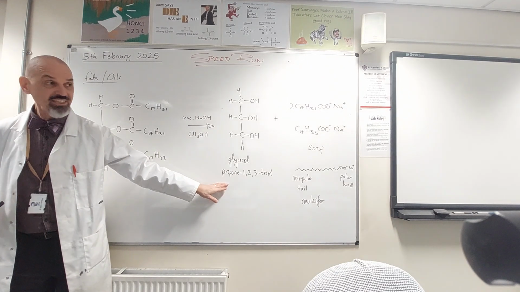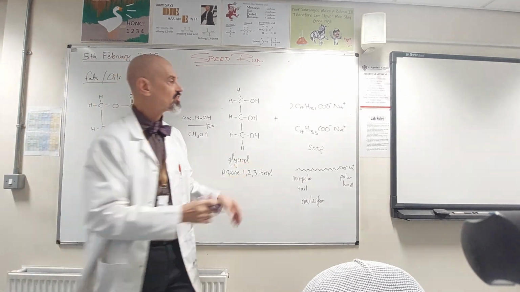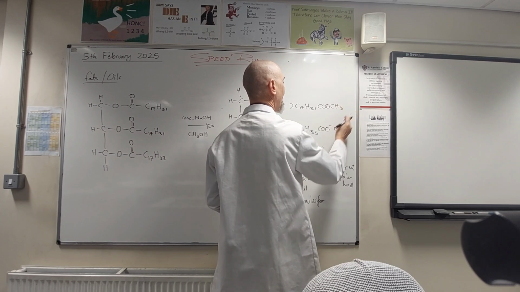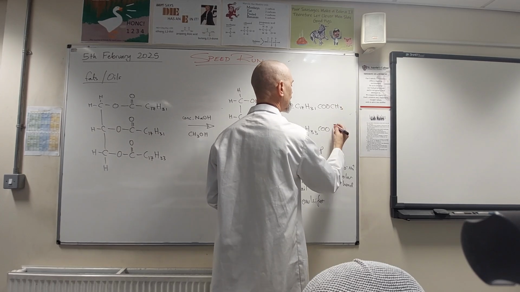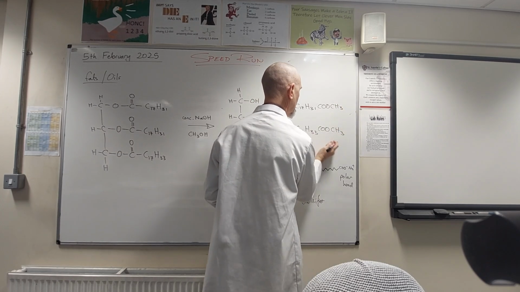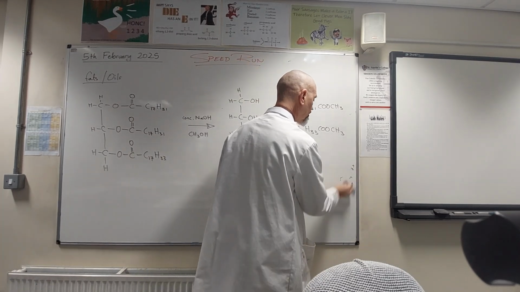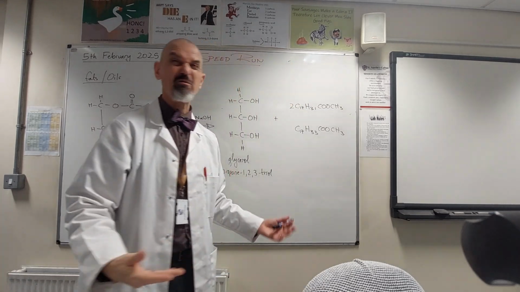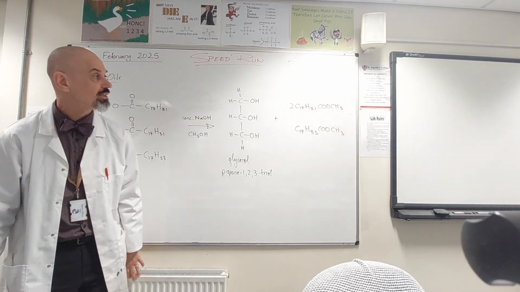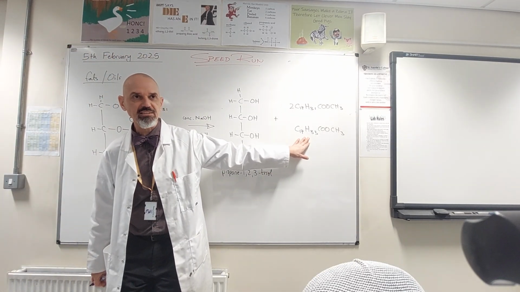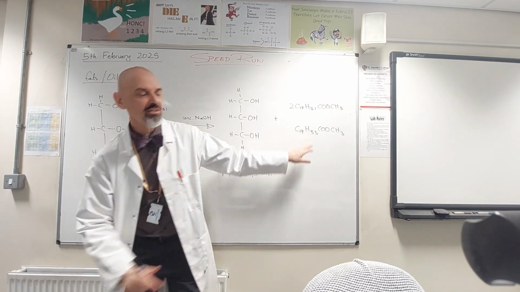We still get the glycerol, but instead of making the soap over here, we'll now have the methyl ester of the long chain carboxylic acids, the fatty acids they're sometimes called. So the methyl ester of our acids, which is used as biodiesel.